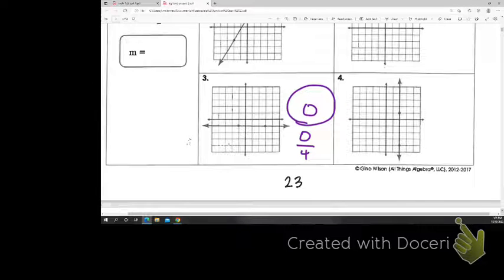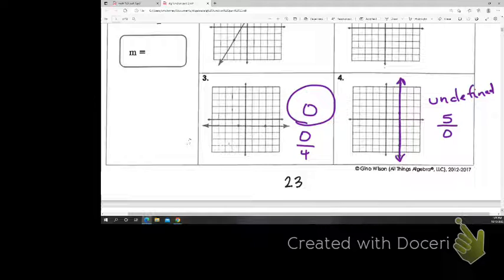And when we see number 4, as soon as I see that this one is a vertical, then I know this is undefined for my slope. If I do look at my points, I see that it went up 5, but it went over 0.